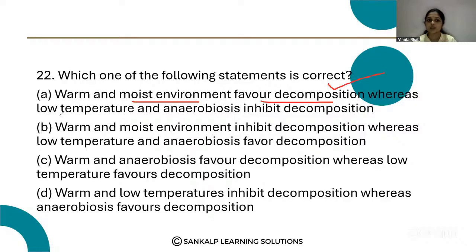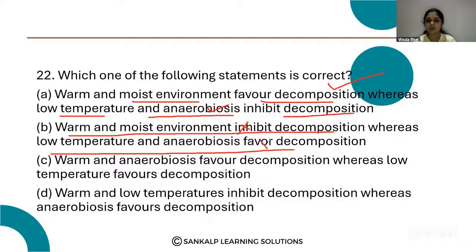And low temperature and anaerobiosis, meaning the absence of oxygen, inhibit the decomposition. Yes, that is the correct statement. Option B: Warm and moist environment inhibit the decomposition. No, they promote the decomposition. Option C: Low temperature and anaerobiosis favor the decomposition. This is the wrong statement.